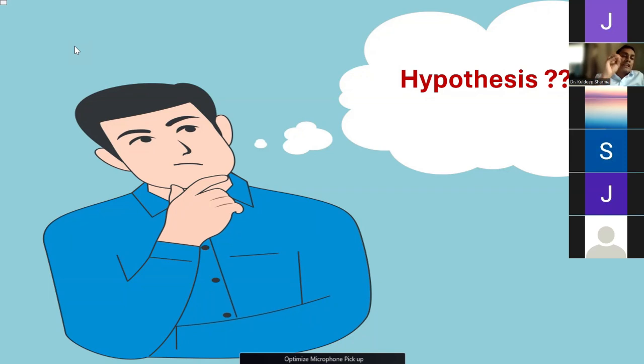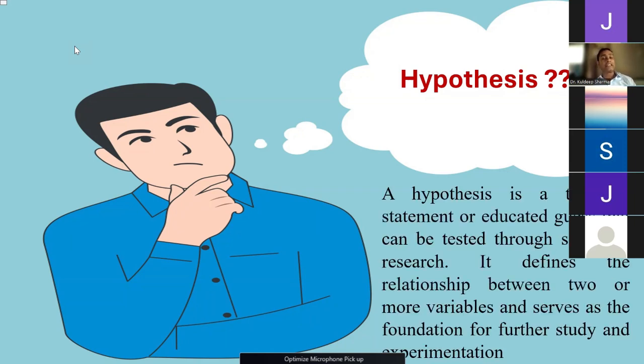If I'm setting those kinds of hypotheses, the researcher's entire focus is to prove that statement. So let's see. Hypothesis is a tentative statement or educated guess that can be tested through scientific research. It defines the relationship between two or more variables and serves as the foundation for further research and experimentation.